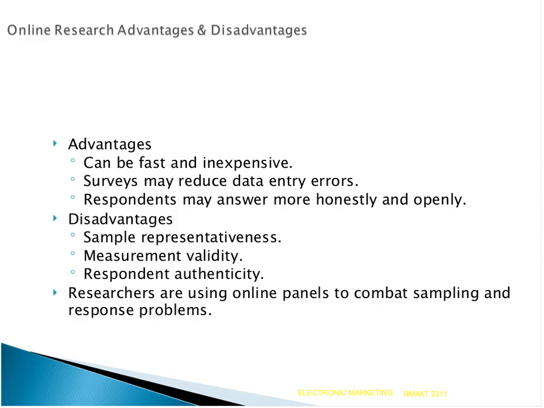Disadvantages are, okay, the first one will be sample representativeness. If it's online, you don't really know who's coming and who is filling it up. Sometimes you may have a minority visiting your website, or a minority answering, and as such you don't know who that person is who's responding. You can't really control that. So sample representativeness may have problems.